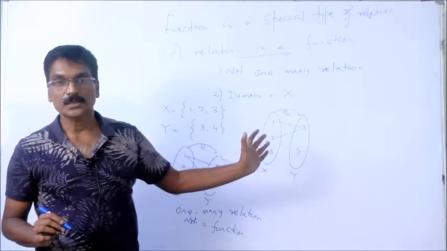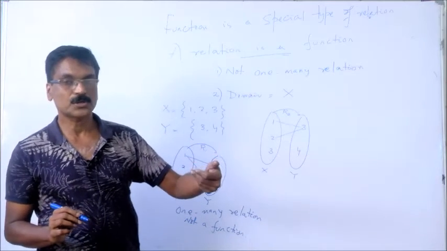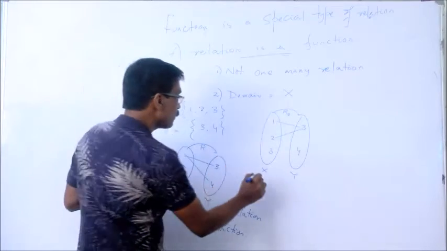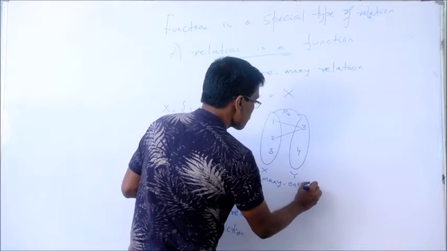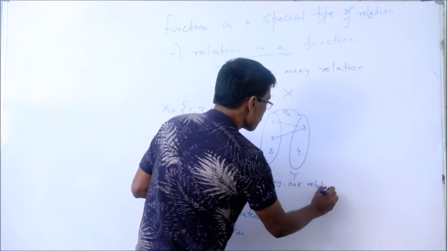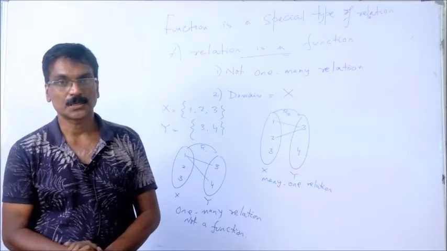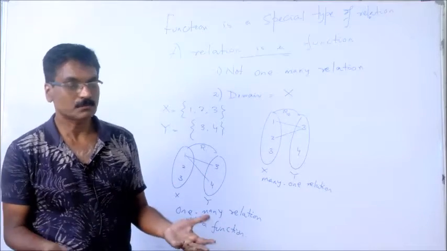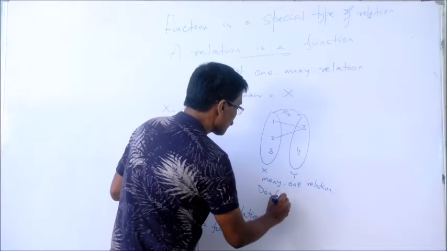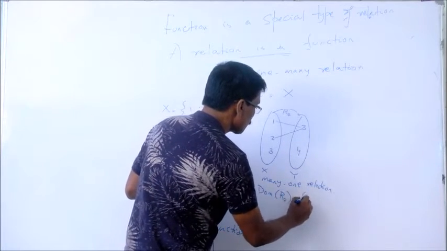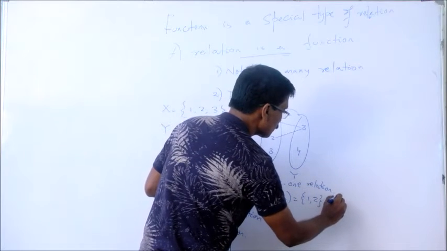Now, it is not a one-many relation, it is a many-one relation. Now, is it a function? Obviously, the answer is no, because here the domain of R2 is equal to 1, 2, which is not equal to the x set.